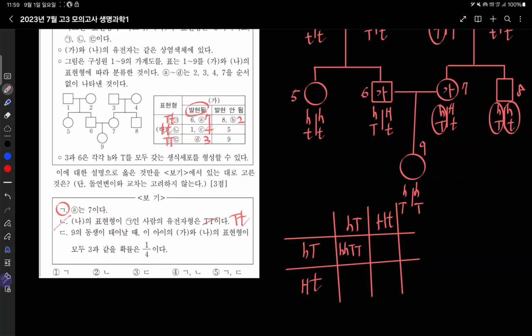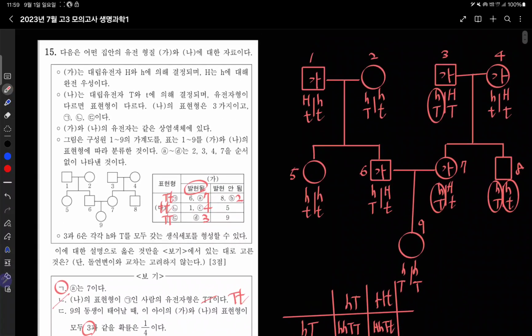So there are 4 possible cases. And we want to find the probability for the phenotype same as individual number 3.